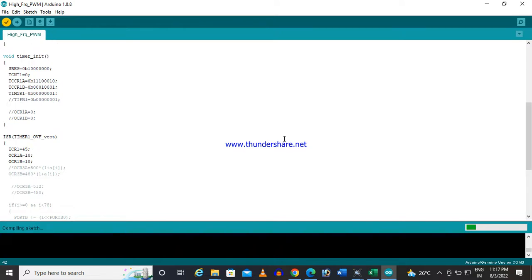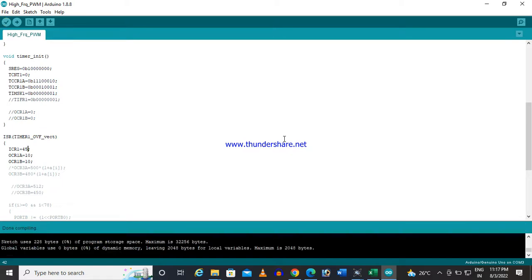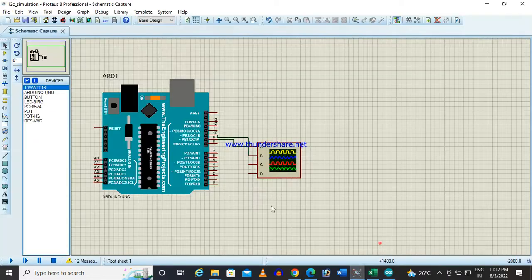I am just changing the input capture register value, and based on my waveform generation bit setting, that will be the top value of my timer counter.